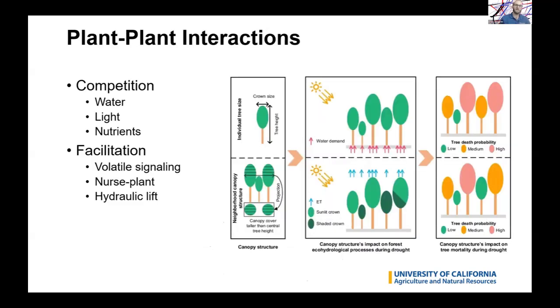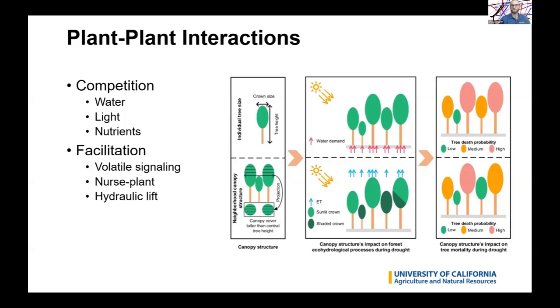So if we look at how plants interact with each other and how drought plays a part in that, plants are competing with each other for water, light, and nutrients. And so there's this constant demand. A larger tree is going to require more water.